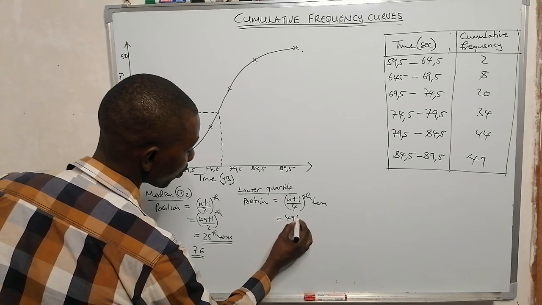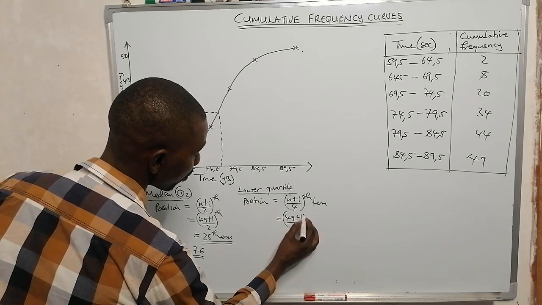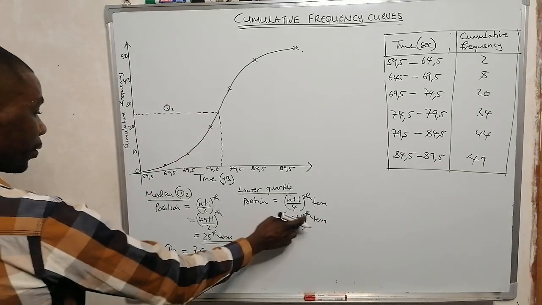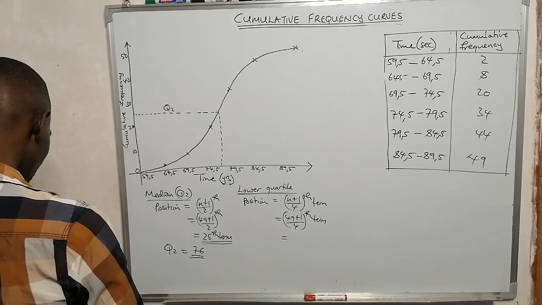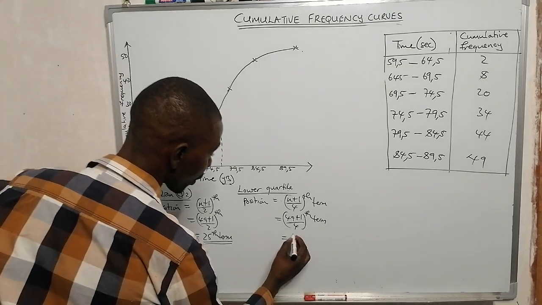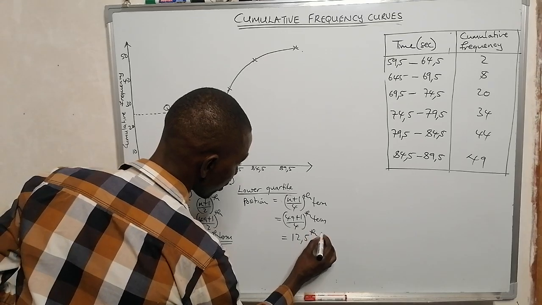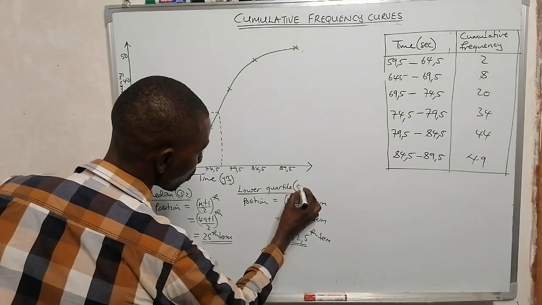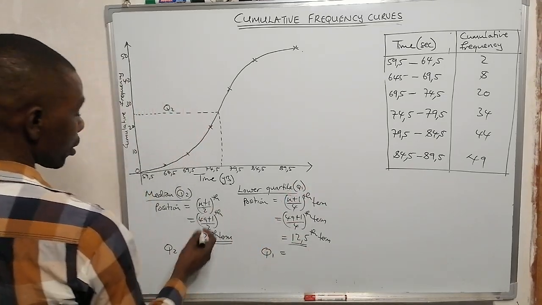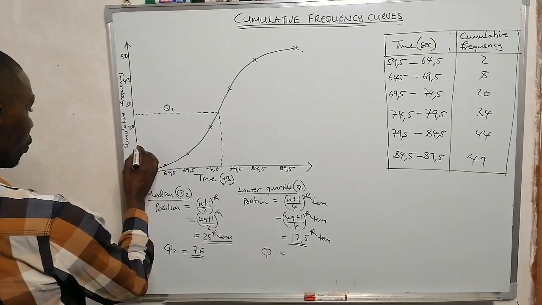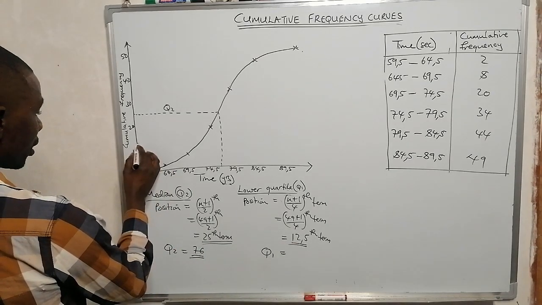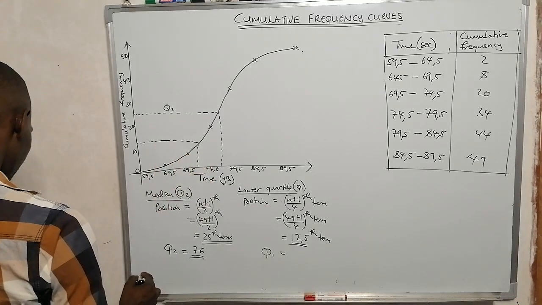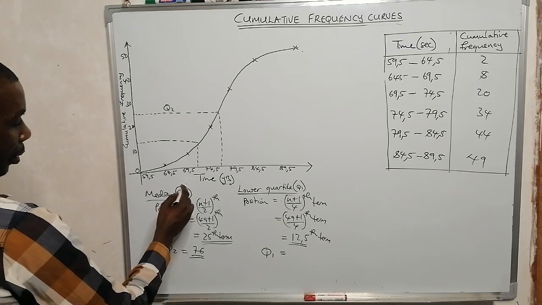So we have 49 plus 1 over 4, the term, which is 50 divided by 4, that's 12.5, the term. This is our Q1, 12.5, the term, 2.5 after 10.